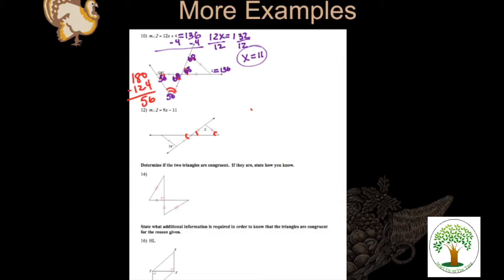On this triangle over here, we have isosceles, and this base angle is congruent to that base angle. So all those angles are congruent. This one right here, these two are supplementary, so if I take 180 minus 74, I will have the measure of that angle right there.